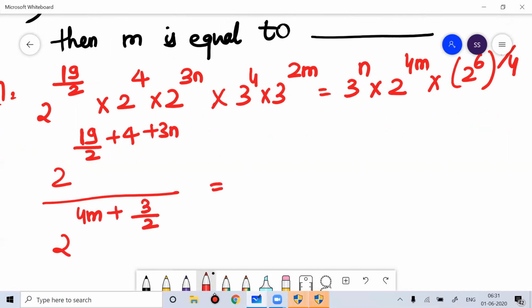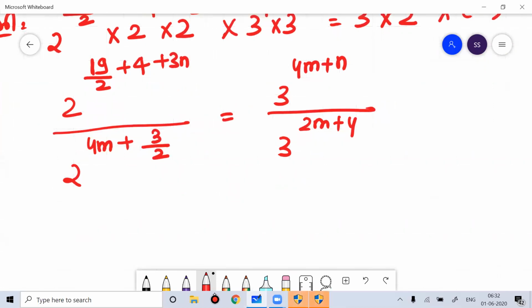Then that is equal to 3 to the power 4m plus n divided by 3 to the power 2m plus 4. Okay, so solve this, take LCM and all.